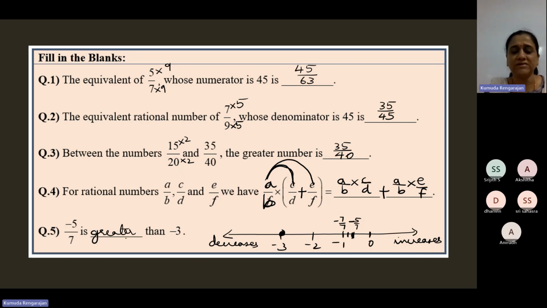Yeah, you can find the LCM, you can bring them to the same denominator. Correct, yes. Got it? Yes, ma'am.